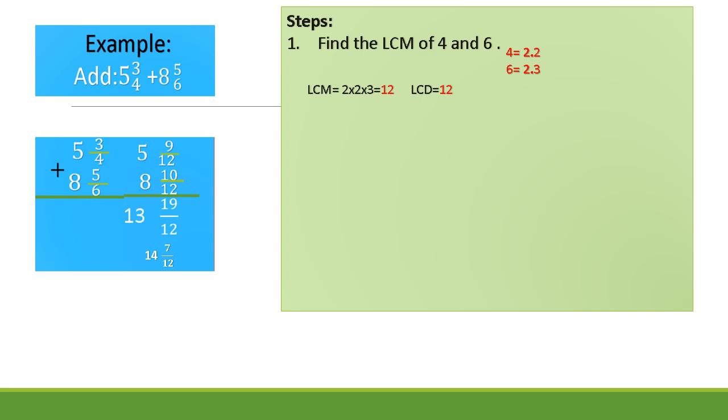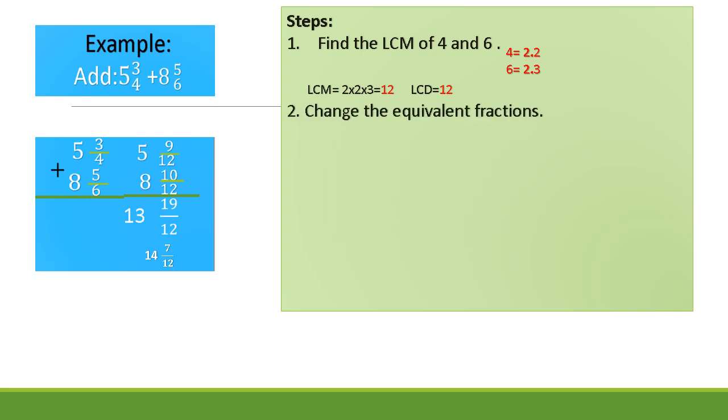Since we have one pair of 2, we count that as 1, then the remaining prime factors will also be multiplied by 2. So we have 2 times 2 times 3 equals 12. And that 12 is used as the LCD to get the answer in step 2.